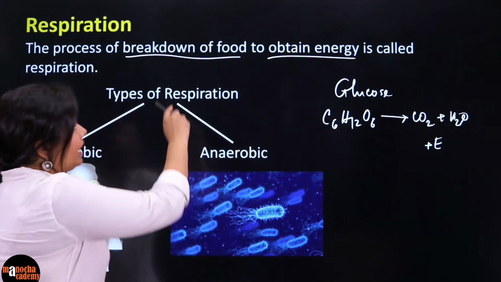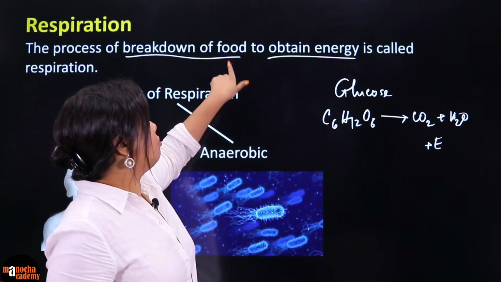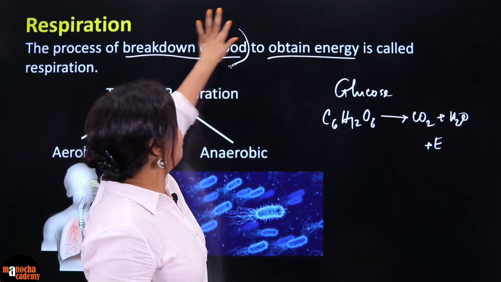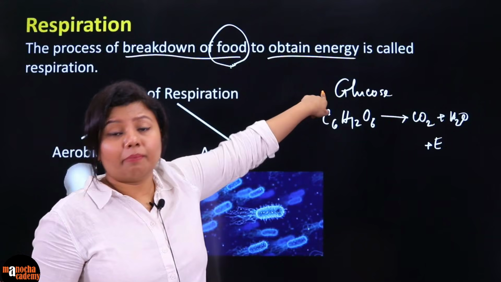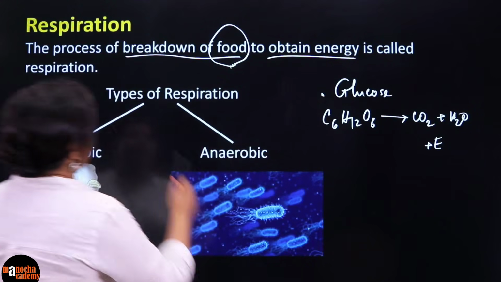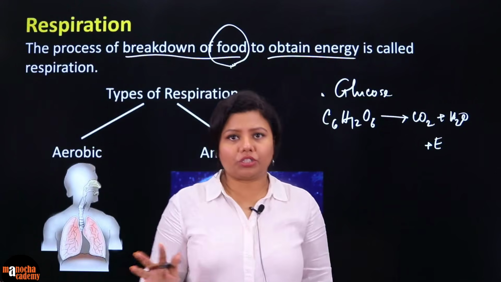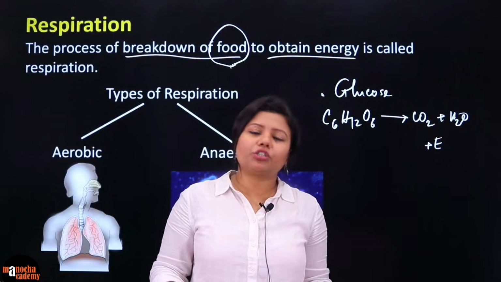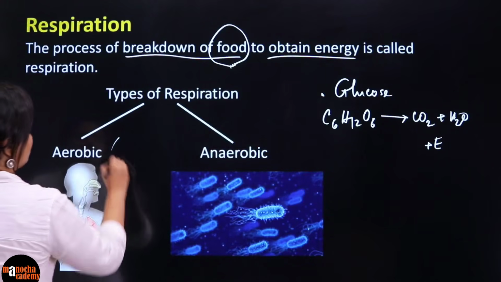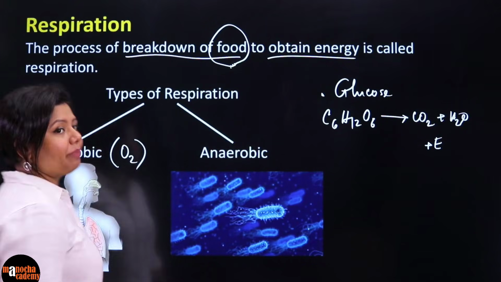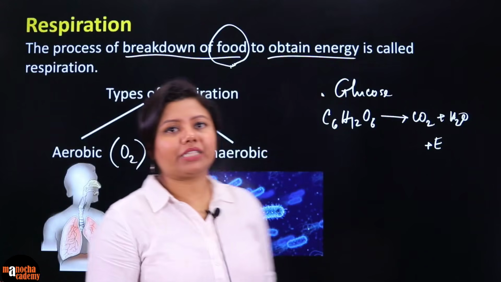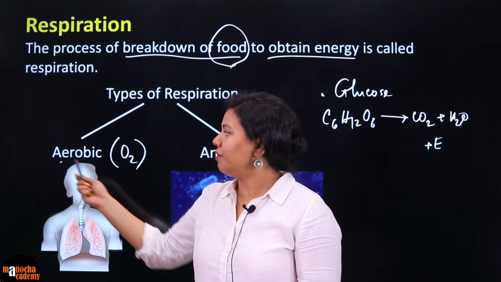So breakdown of food, and when I say food, I basically mean glucose, but fat can also be considered. Now during this breakdown, you may or may not require oxygen, like we require oxygen to break down our food. So in the presence of oxygen, if breakdown is taking place, the process is called aerobic respiration.